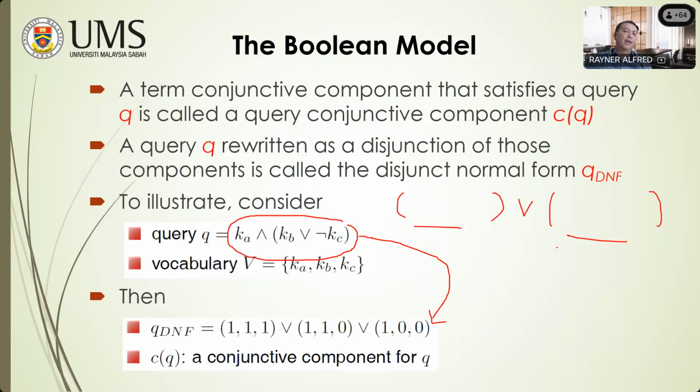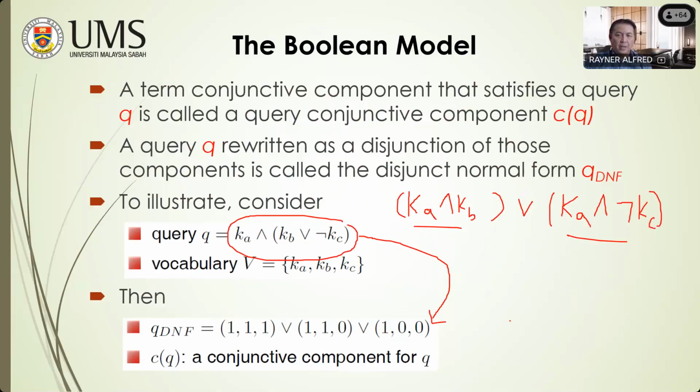So if you have this query, we have KA and KB, right? And then we have KA and not KC.